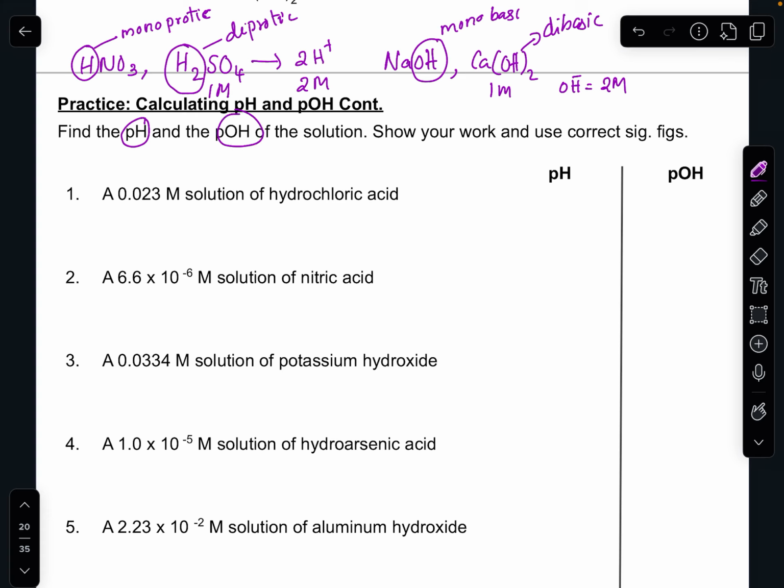Okay, so the equations we are going to use: if you have an acid, you will get the H plus ion concentration, then pH will be negative logarithm of H plus, and pOH will be negative logarithm of OH minus. If we get one of the values, we can find the other one by using the equation: pH plus pOH will be equal to 14.